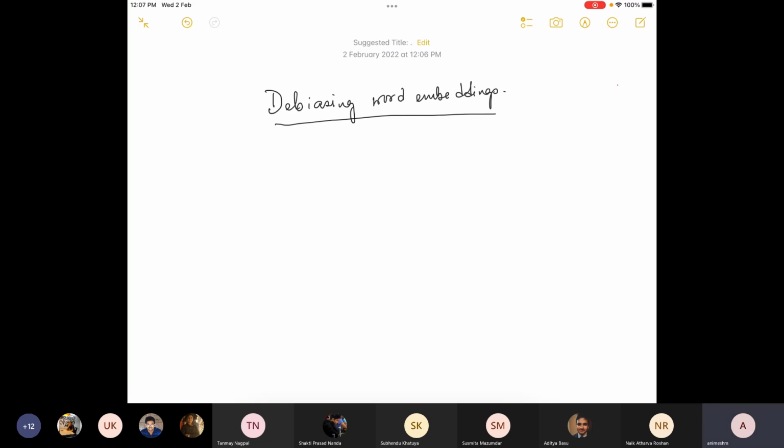In this paper, the NeurIPS 2016 paper, the authors actually did two types of things.